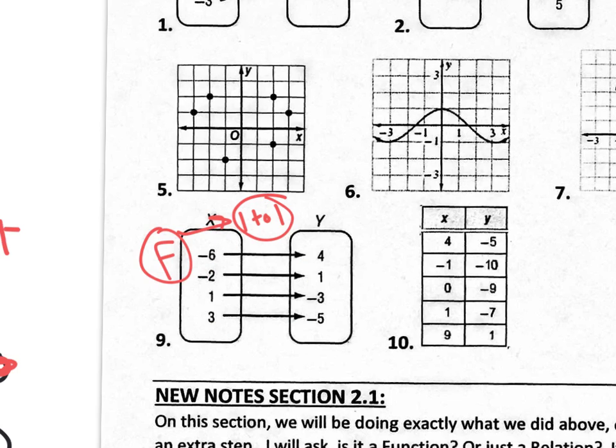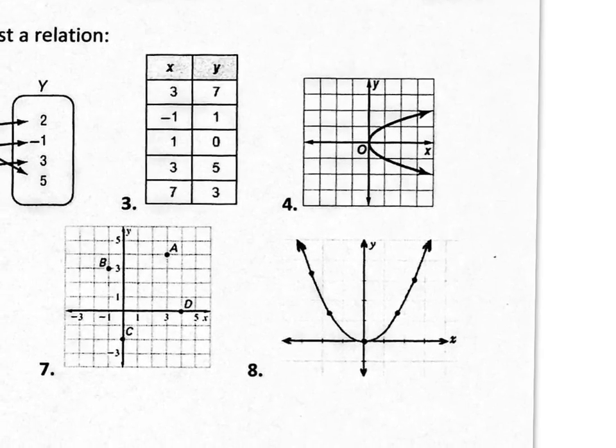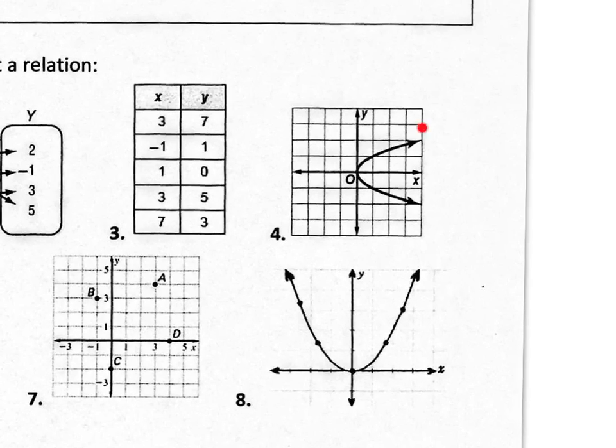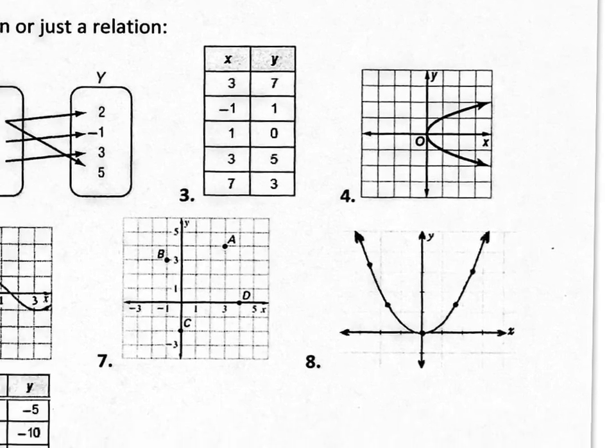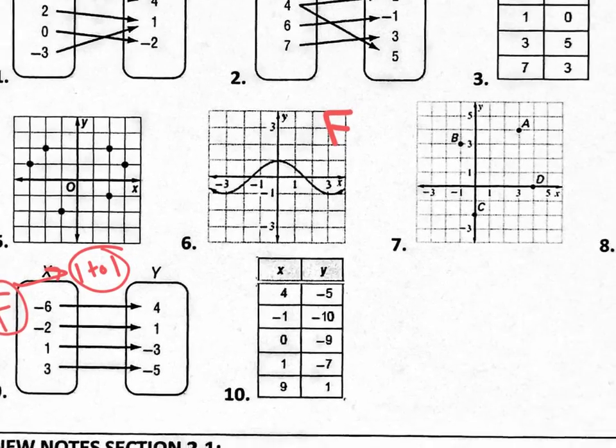Let's look at one-to-one when it comes to graphs. We said this one was not a function. Let's go to one that was a function. This guy right here, was it a function? No, because the vertical line test failed right here. It has 2 dots on this vertical line. This one was a function. So let's ask, is it a one-to-one function, or is it just a function?